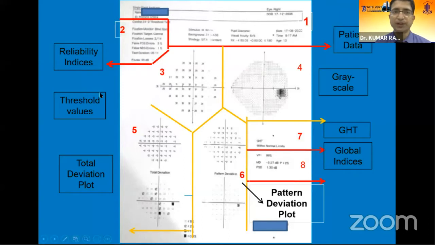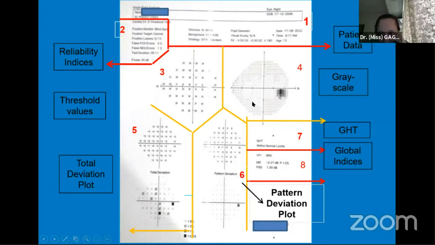When we have a report in front of us, we can divide it roughly into 8 parts. The first part would be the patient data. The second part is reliability indices. The third part is the threshold values, the actual values of the patient and how the patient is performing based on what values every point on the retina gets. And the same is converted to the grayscale value.